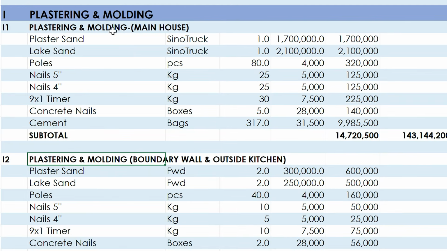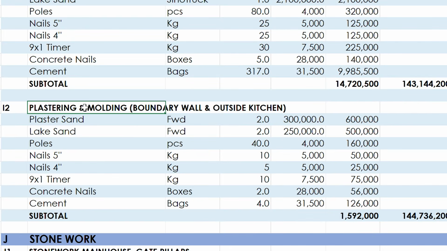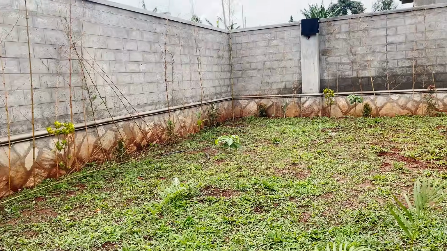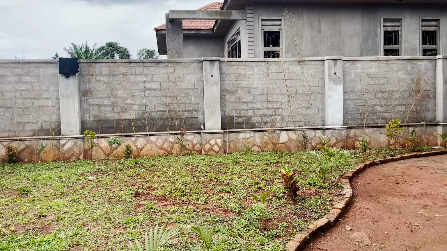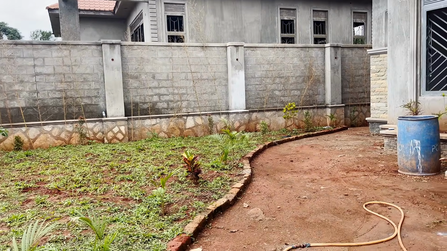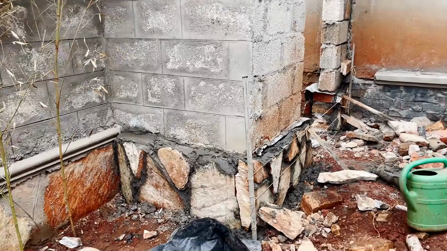So now in this scenario, there is plastering and molding for the main house. Those are the materials that were used. Then there's also plastering for the boundary wall. Of course, the boundary wall was not exactly plastered. We did pointing and also created a small coping at the top. If you're able to observe, that coping at the top prevents water from seeping into the blocks. It just gently cleans off the water after a rainfall, okay?